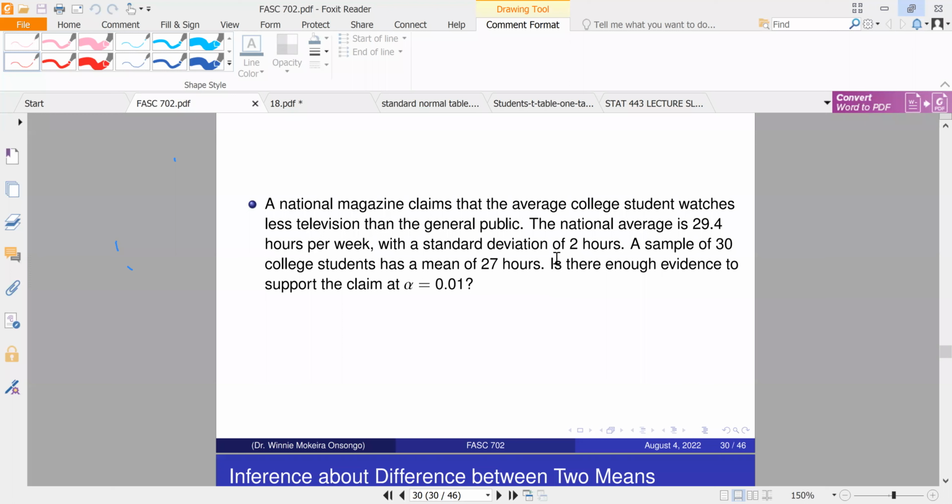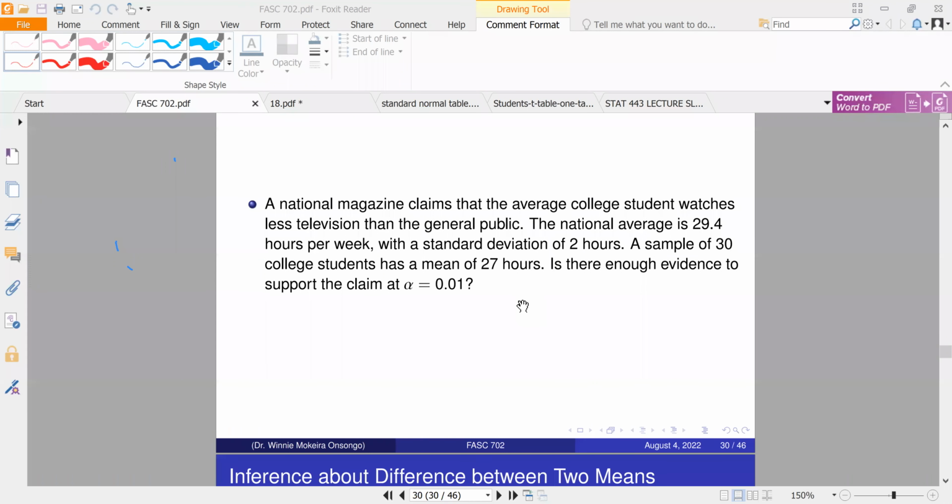You test the hypothesis if there is enough evidence at this level of significance. And also you can calculate the confidence interval. Now, let us first of all see how we can calculate the confidence interval using the information that we are given here.